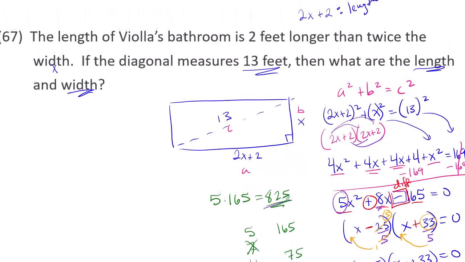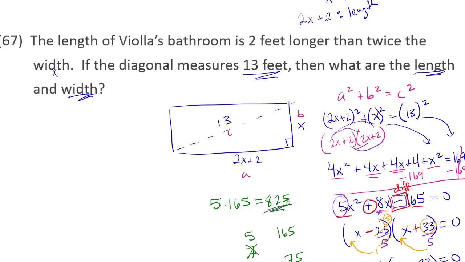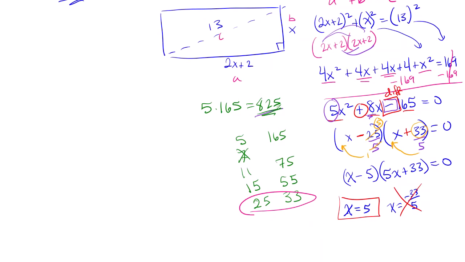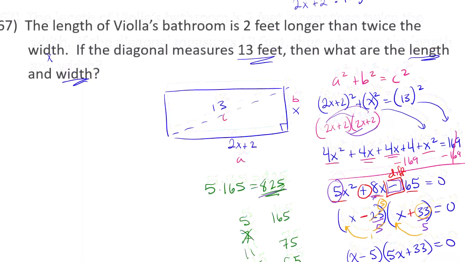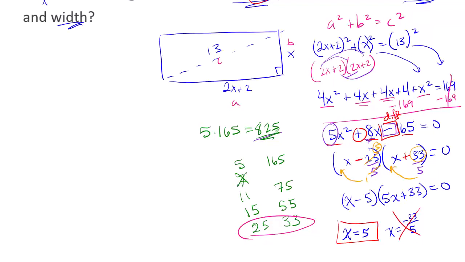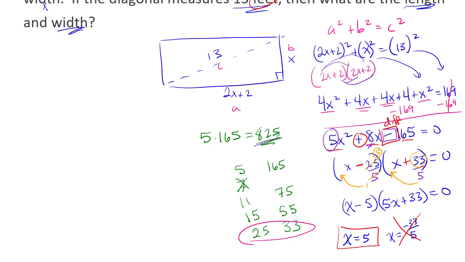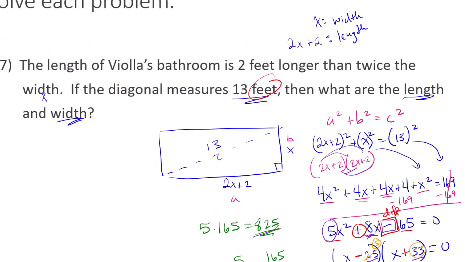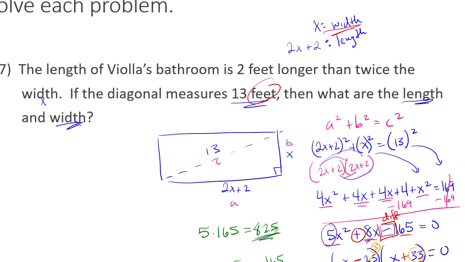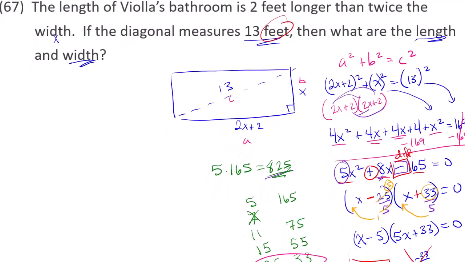Let's see what they ask: what are the length and the width? Okay, so that means, and we're talking about feet, right? So we want to make sure we have the right units. So x is the width, right? We defined that earlier. And then 2x plus 2 is the length. So we can say width is going to be 5 feet.